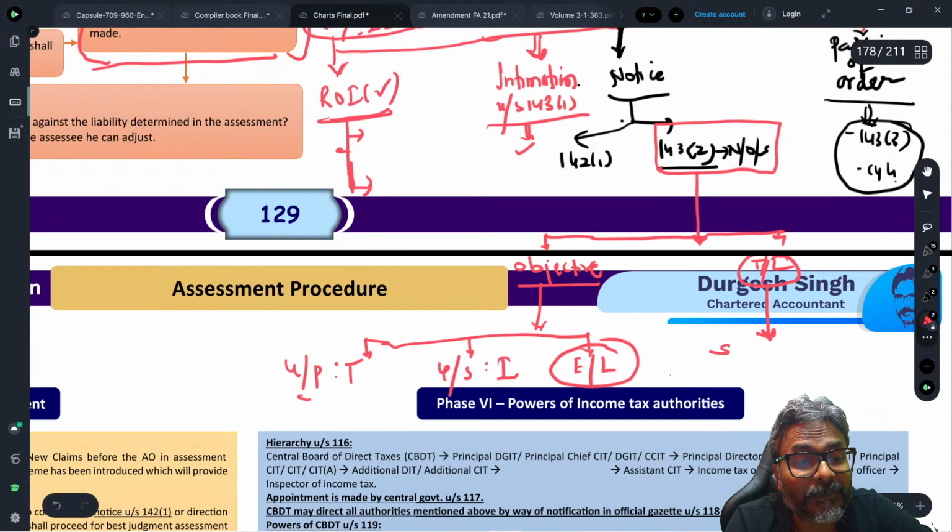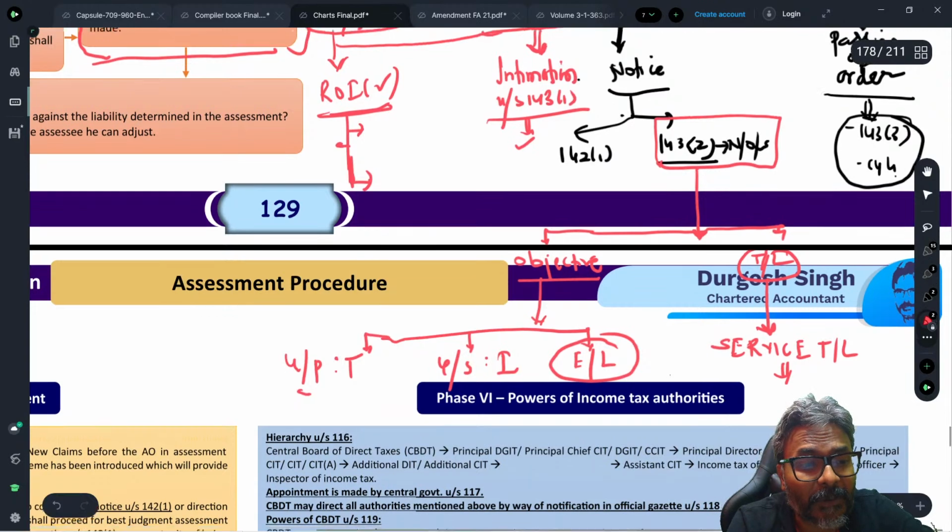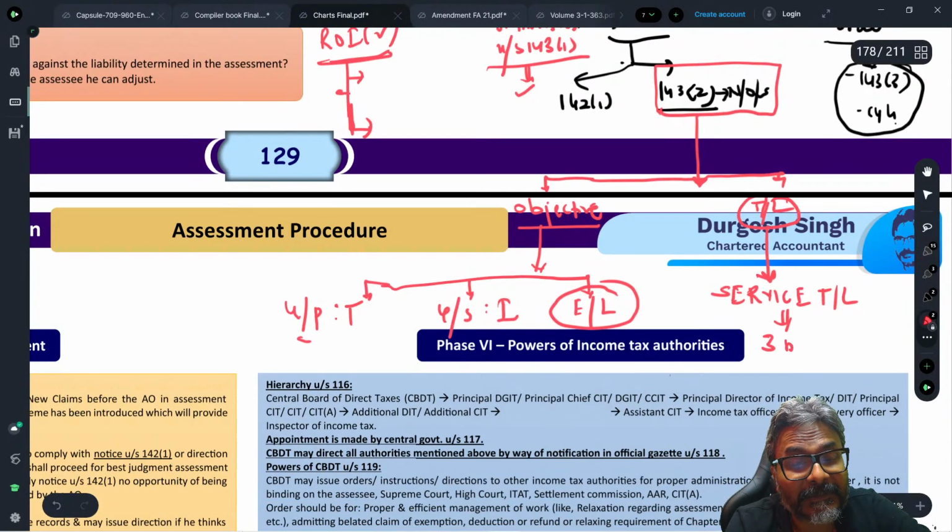So the time limit is about the service. The service time limit, students, is now 3 months from the end of the financial year in which the ROI is filed.